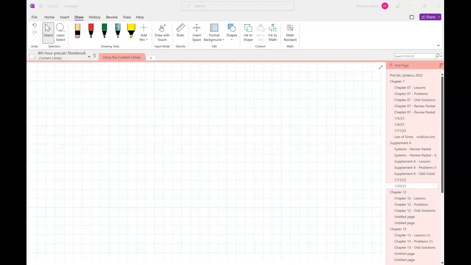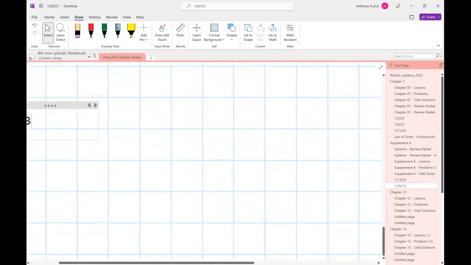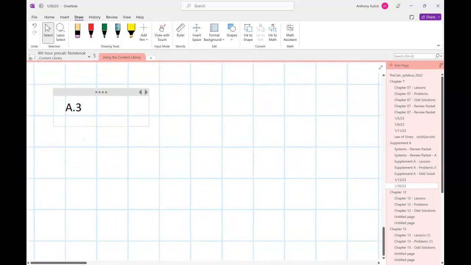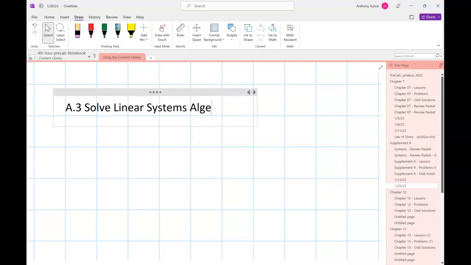In section 3, we're going to talk about solving linear systems algebraically.